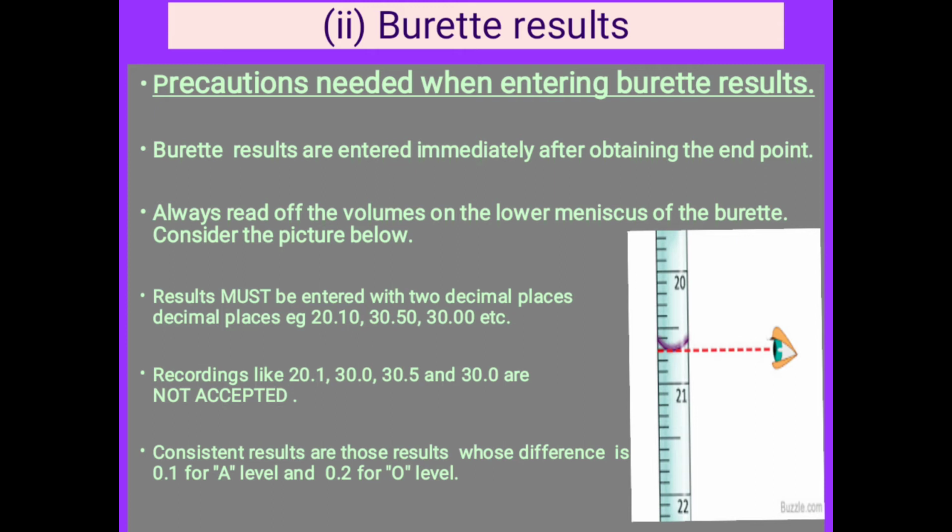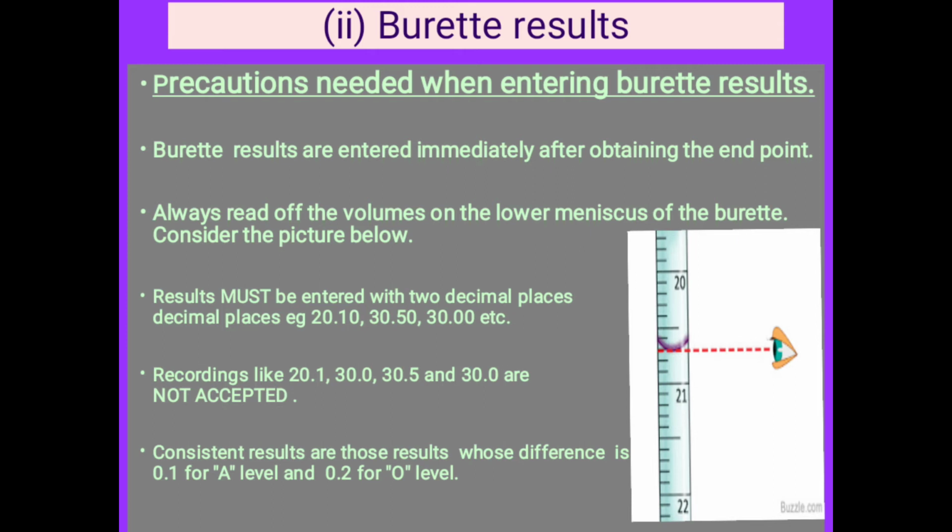So we shall be entering that result where the meniscus is sitting. You can see the red dots pointing to the eye. So your eye is supposed to be fixed at that position so that you see that burette reading. Immediately you get it, you go and record as we have seen before.